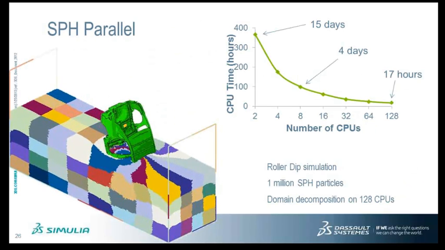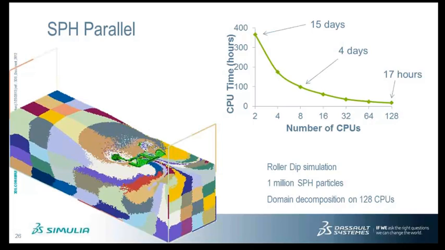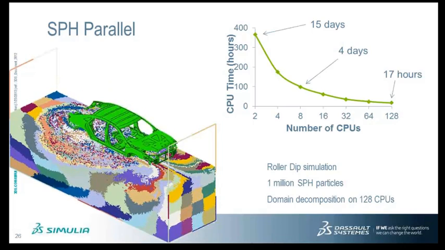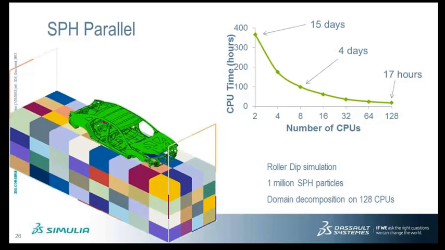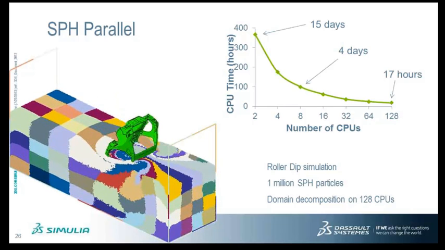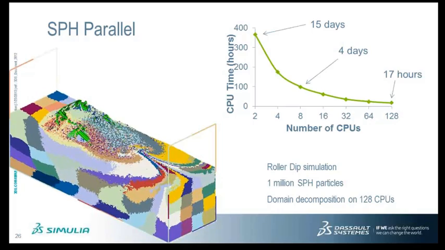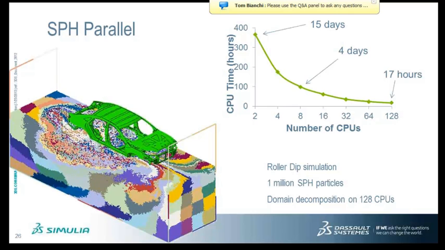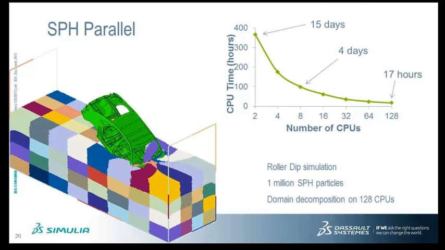Okay, the last performance enhancement I want to talk about is SPH. I mentioned earlier that in 6.13 we are now supporting parallel computation for SPH. And so the animation you see running here is a dipping analysis on a body in white.